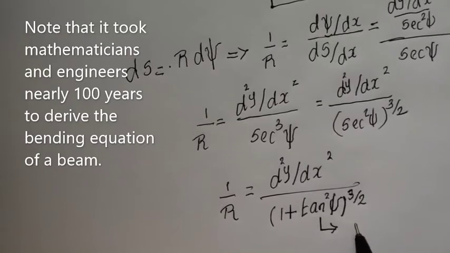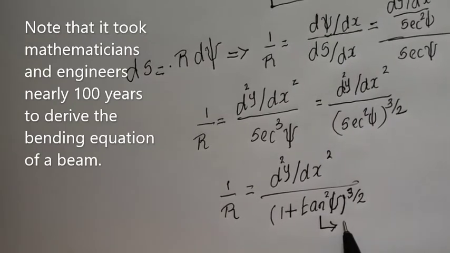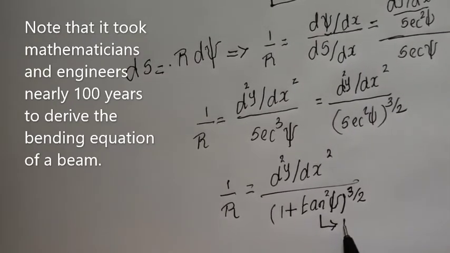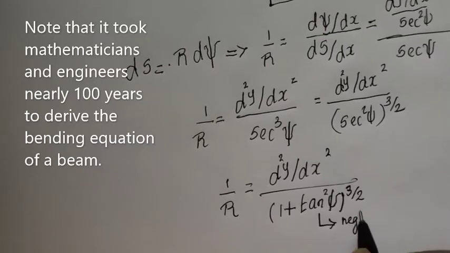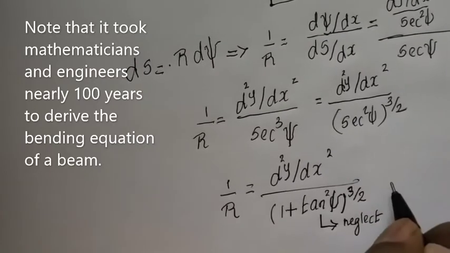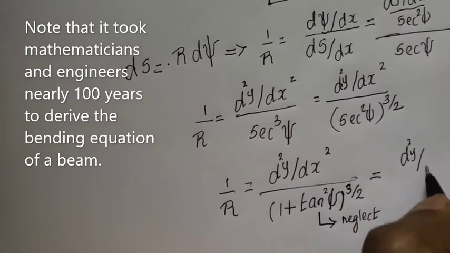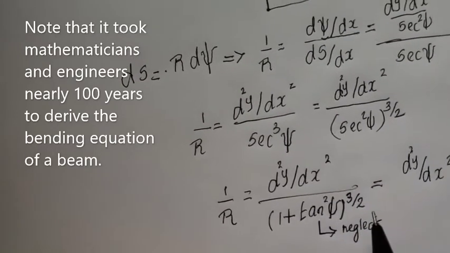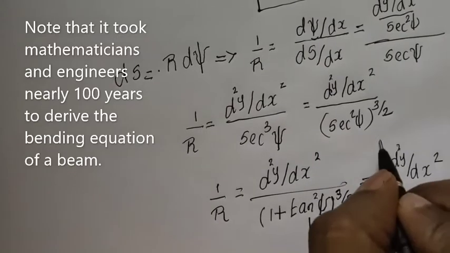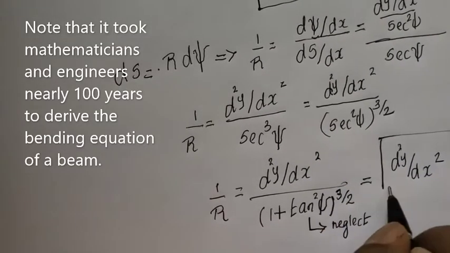So psi is very small, it is vanishingly small. So since it is vanishingly small, you can neglect this value. So it becomes 0. So all you will be left with is d squared y by dx squared. So I have got the value of 1 by r now, which is d squared y by dx squared.